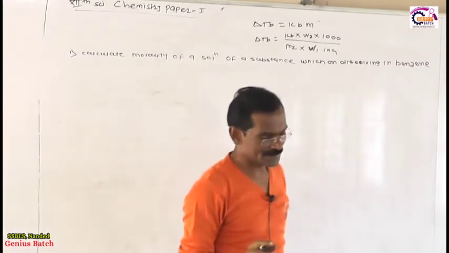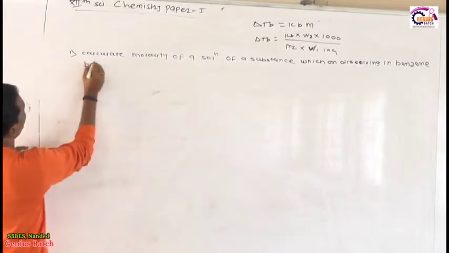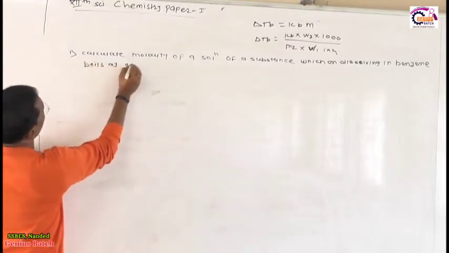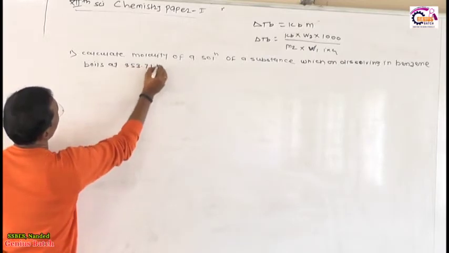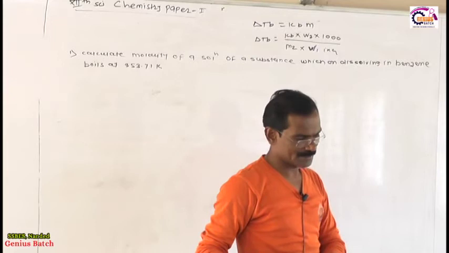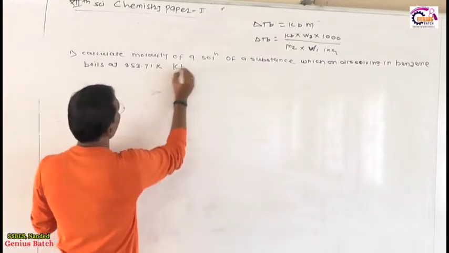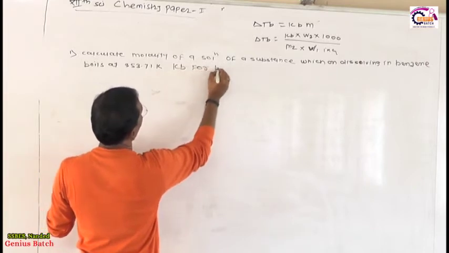boils at 353.71 Kelvin. Kb for benzene is 2.53 Kelvin kilogram per mole.